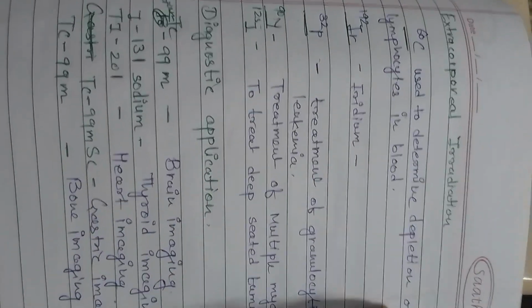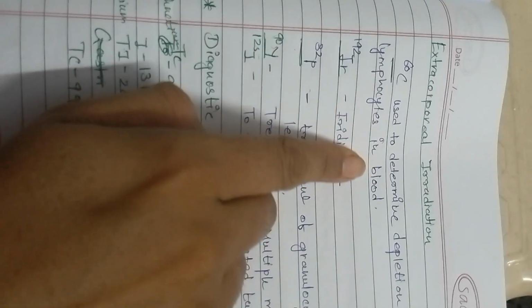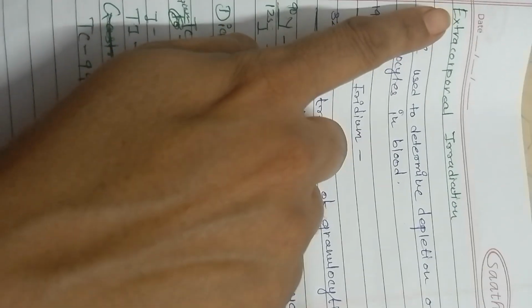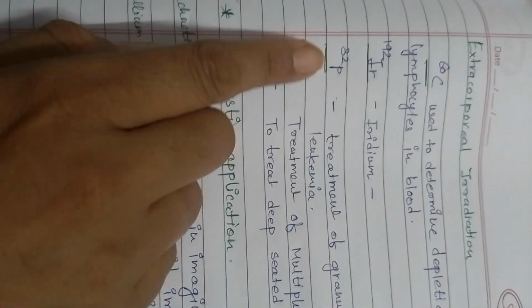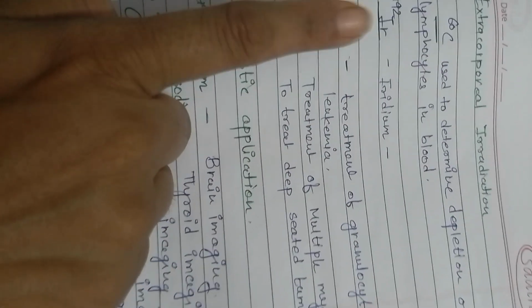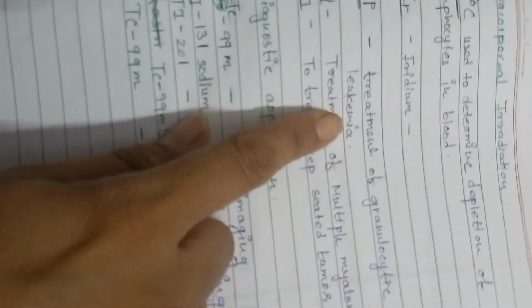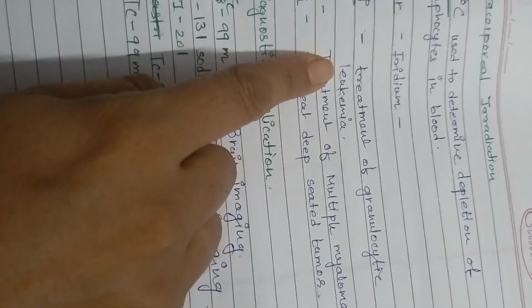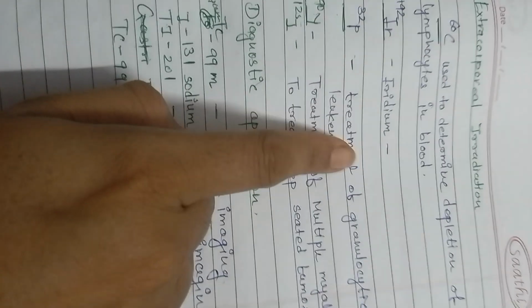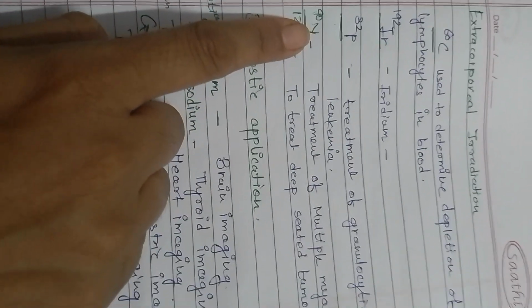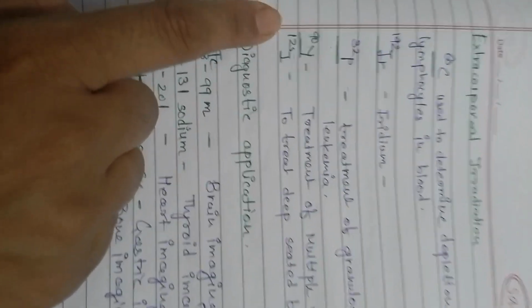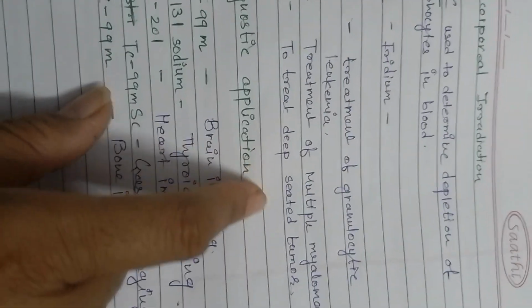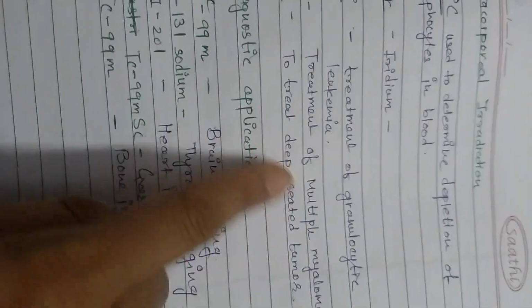So, whether there is a deficiency or decrease in lymphocytes present in blood, to know that we are using this extracorporeal irradiation type of isotopes. Furthermore, for example, phosphorus 32 isotope of phosphorus is used in treatment of granulocytic leukemia. This is a type of blood cancer. Then yttrium 90 is used in treatment of multiple myeloma, bone cancer, and iodine 125 is used to treat deep-seated tumors, like in the chest.